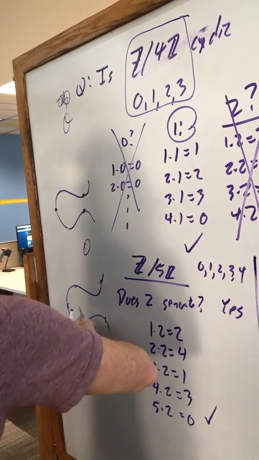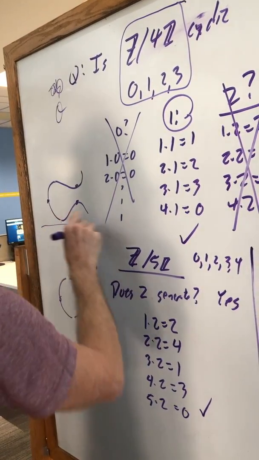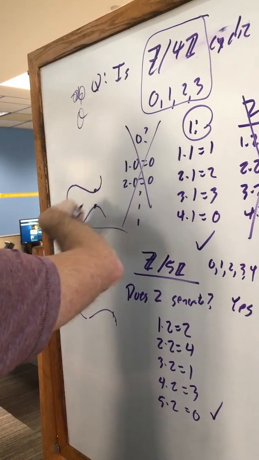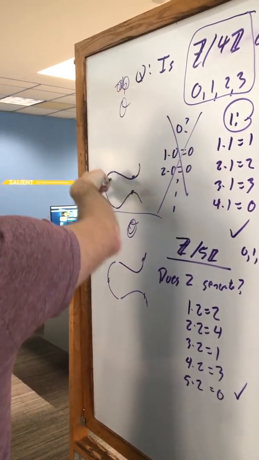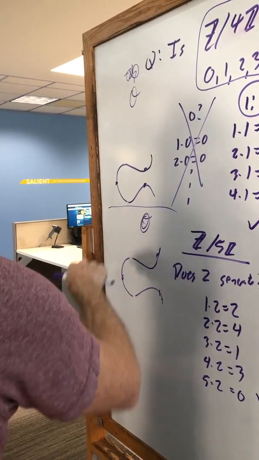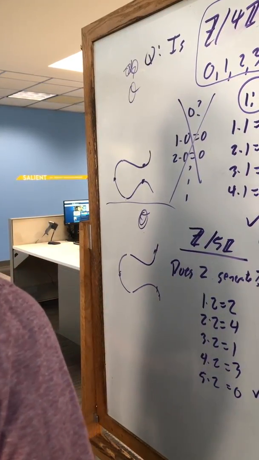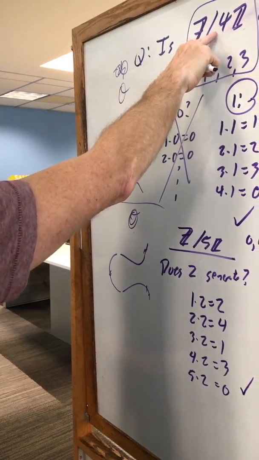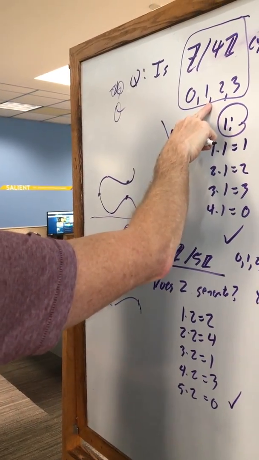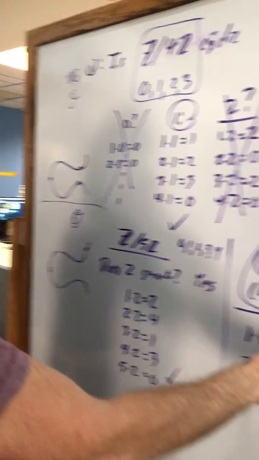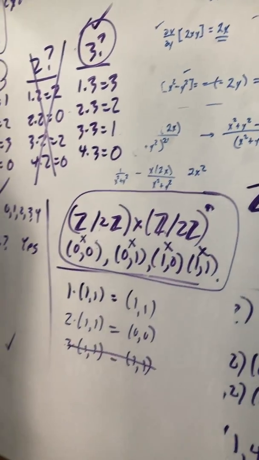Each of these, if I look at the group generated by these points, is going to be a group with 4 elements. But one of them might be cyclic, and one of them might be like this and not be cyclic.